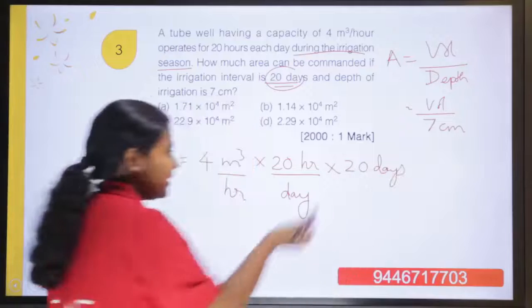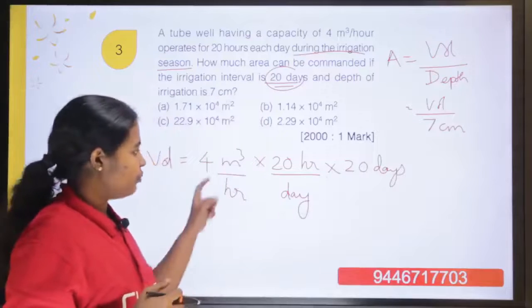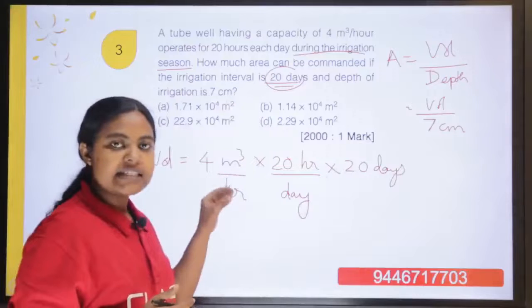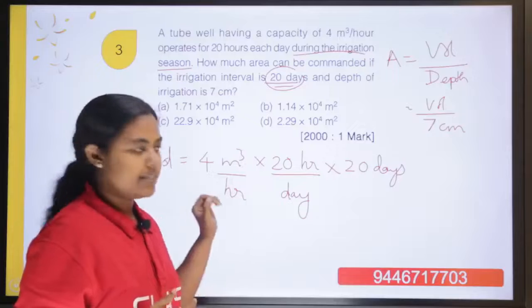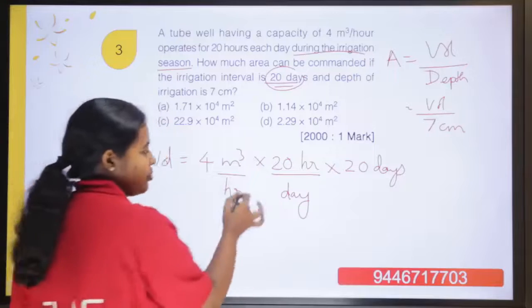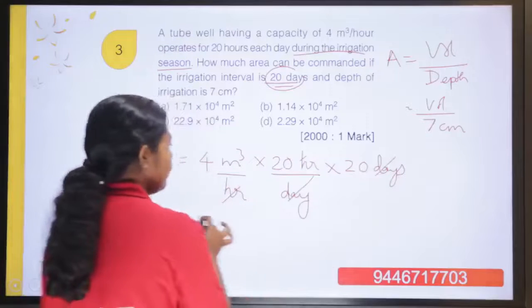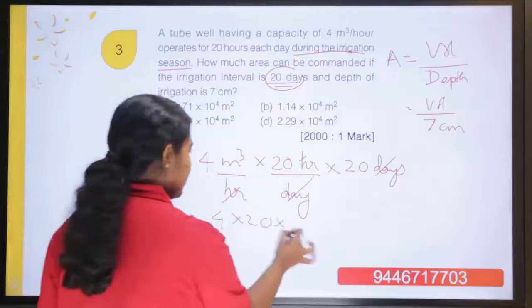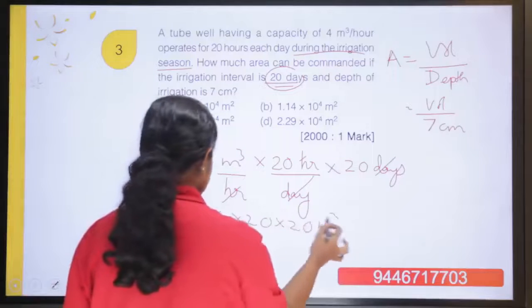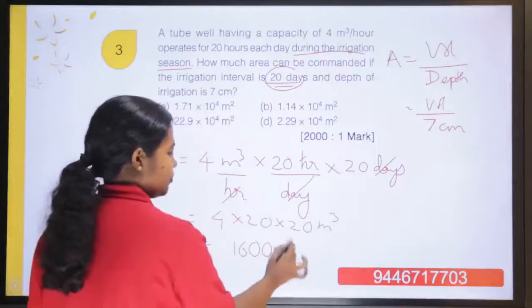For 20 days a tube well is running which has a capacity of 4 meter cube per hour, and it is running for 20 hours on each day. So once you solve this, we will get the volume, that is 4 into 20 into 20 meter cube, or the volume is equal to 1600 meter cube.